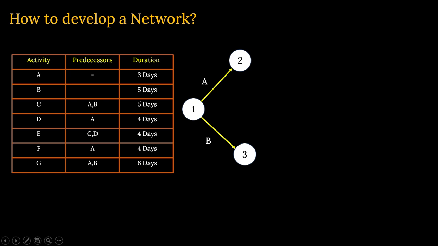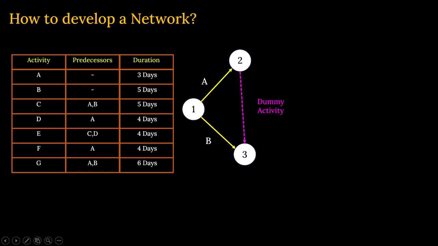Now let us see the next one, D. D will start from A. Clear? So what will our activity be next? The activity will be connected with a dummy activity, and this is known as a dummy activity.